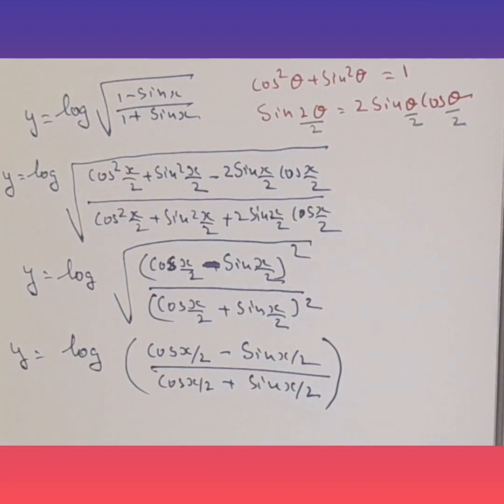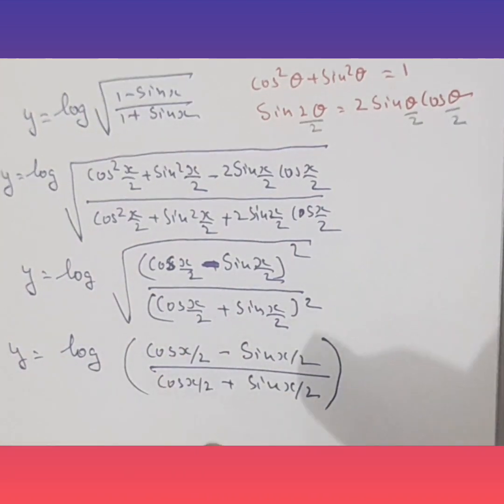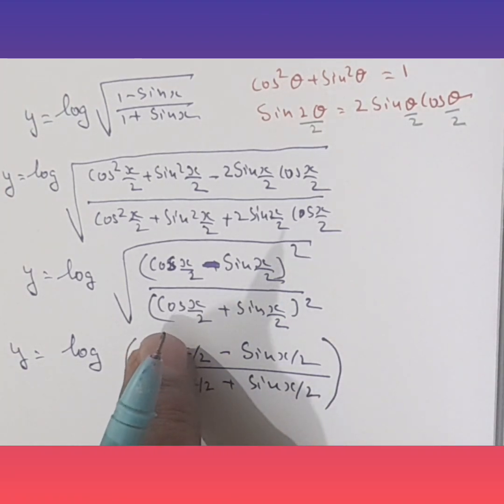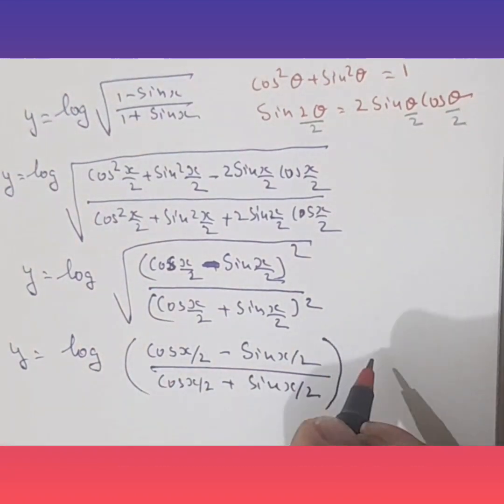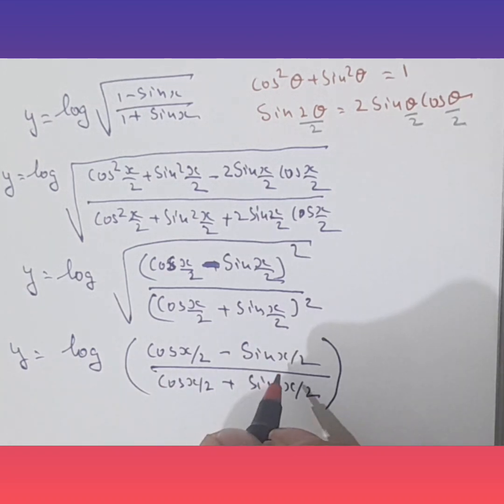Now what further? This doesn't lead us anywhere, but it does if you think a bit. Suppose I divide and multiply by cos x by 2, what would I end up with over here? If I divide entirely, this also is divided by cos x by 2, and this also is divided by cos x by 2.